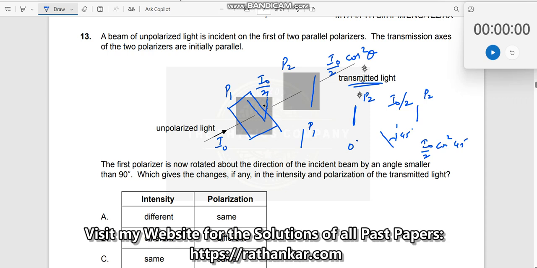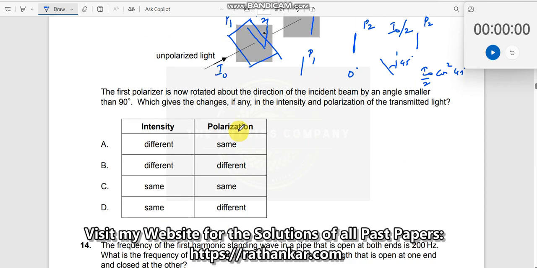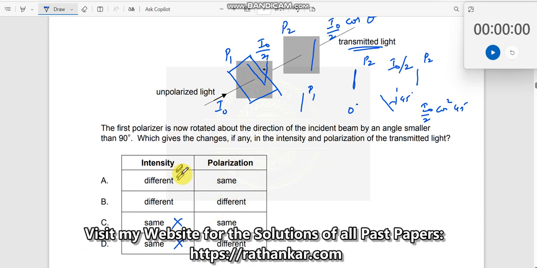That means definitely the intensity changes. So the intensity of the transmitted light depends upon how you are rotating this. Thus, these two options are incorrect. We are not interested in the value, we just want to see whether the intensity changes or not.